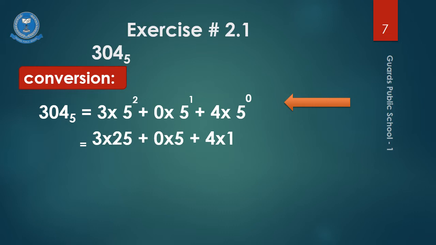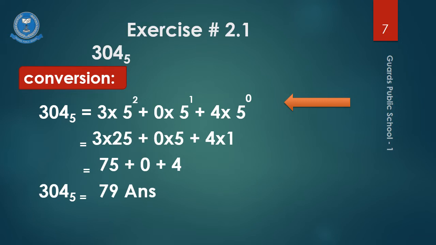So we will get 3 multiplied by 25, 75, plus 0 multiplied by 5 equals 0, plus 4 multiplied by 1 gives you 4. Now we will add these numbers. So we will get 79 and this 79 is our decimal number which is equal to 304 of base 5.